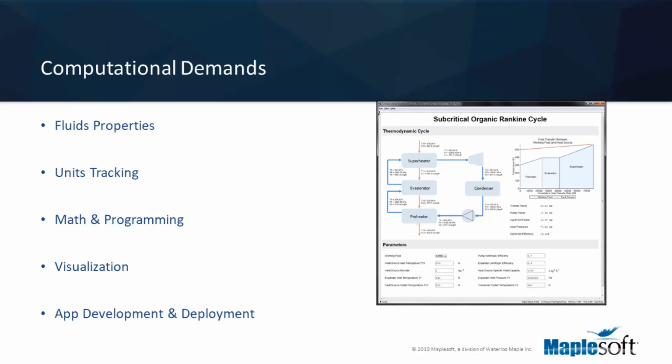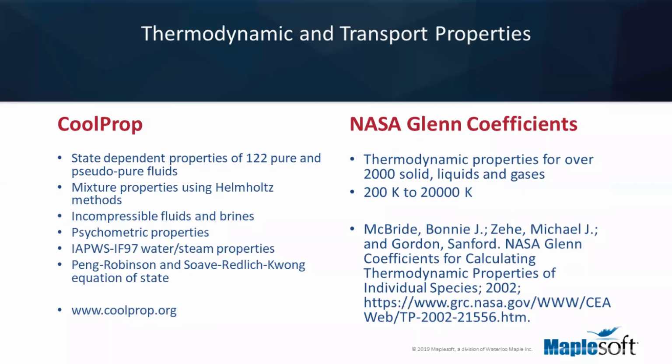So let's see what these core features look like in Maple. First of all, I just want to say a few things about our thermodynamic properties database. This is something that we've developed and introduced over the last few releases of Maple. We have two major sources of data. First of all, there's the open source CoolProp library.